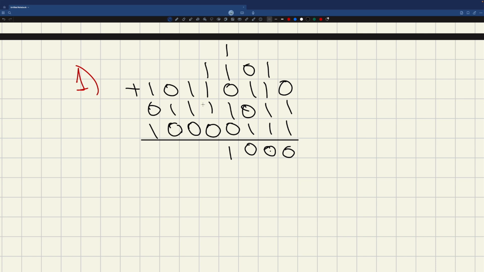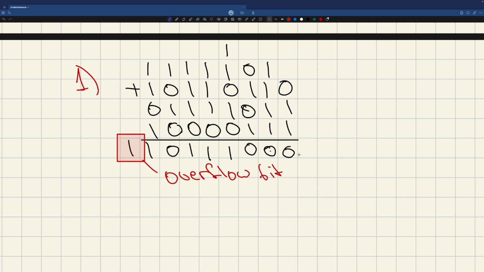All of us know that. 1 plus 1 plus 1 is once again 1, 1. 1 plus 1 plus 1, once again 1, 1. 1 plus 1, 1, 0. 1 plus 1 plus 1, 1, 1. And again, we've got our overflow error. And this is, I'm pretty sure this is called the overflow bit. If I'm wrong, there will be a big window popping up on the screen saying that I'm wrong.